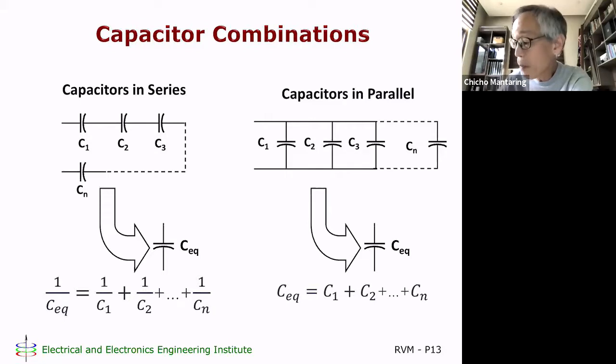Okay. And then capacitors in parallel, your equivalent capacitance is just the sum of your individual capacitances. And I leave the derivation up to you. You should be able to derive this from the voltage current relationship of your capacitor, I is equal to C dV dt.